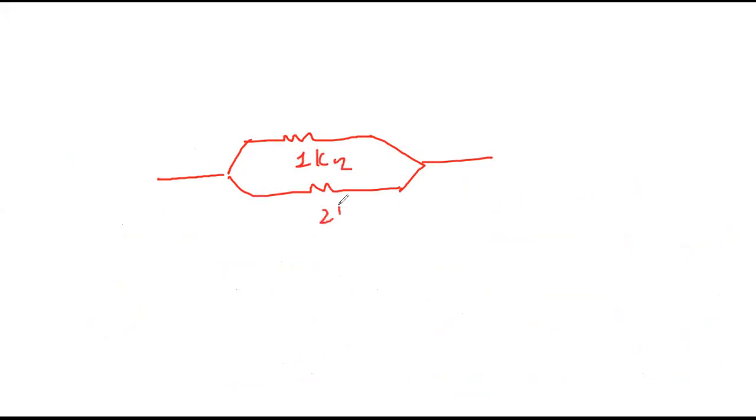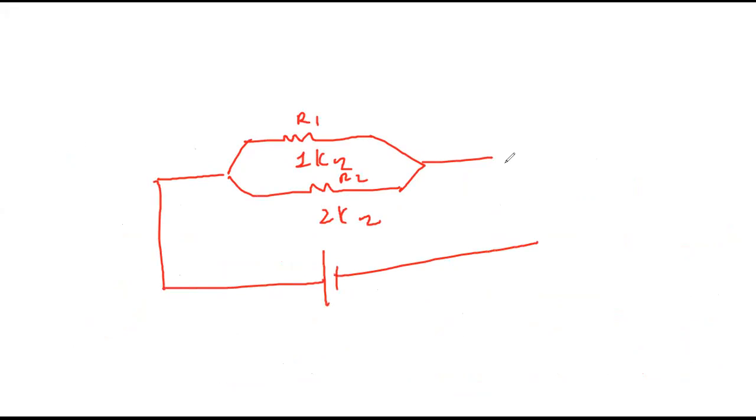Two resistors 1 and 2 kilo ohm are connected in parallel. You can call this R1, R2, connected in parallel. This combination is connected to a supply of 9 volt. No internal resistance.